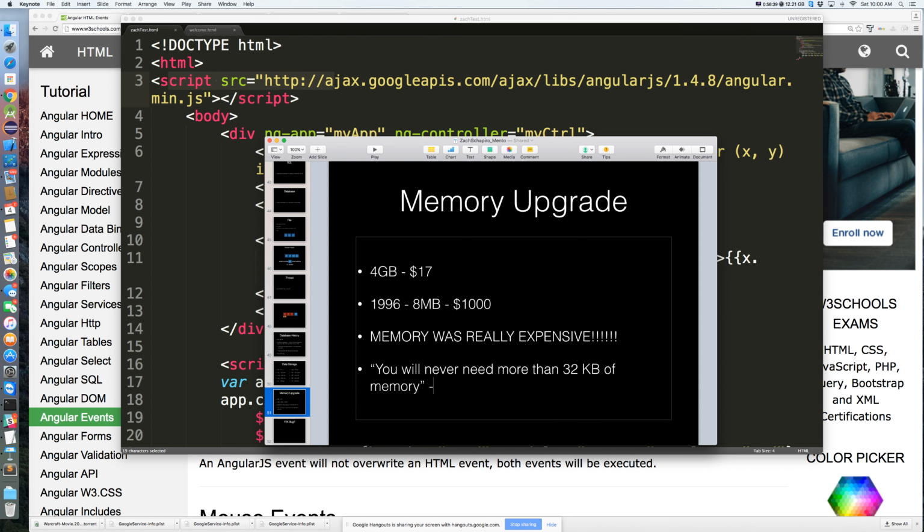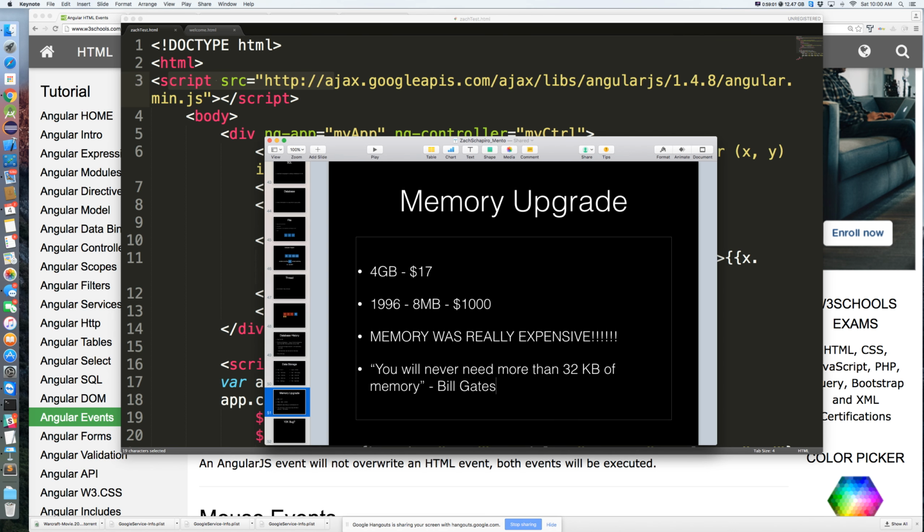Do you know who said that? I have no idea. Bill Gates. Really? You know who Bill Gates is? Yeah. The founder of Microsoft. Yep, Microsoft guy. So Bill Gates once said, you'll never need more than 32 kilobytes of memory. Anything over that is overkill.